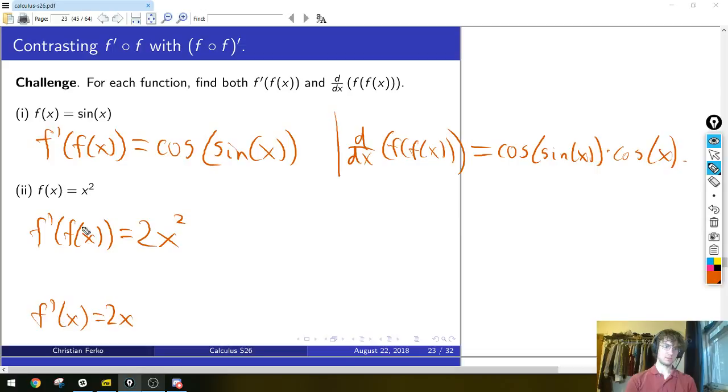So I think it should just be 2x squared. We're not chain ruling here. We're just taking the derivative and plugging in f of x inside. No, it's the same thing. Oh wait, oh my god. That's the difference, right? The difference is in the left column there's no chain rule. It's just take the derivative and plug in the inside function. In the right column, we do need to chain rule. Okay. Good. That's the point.